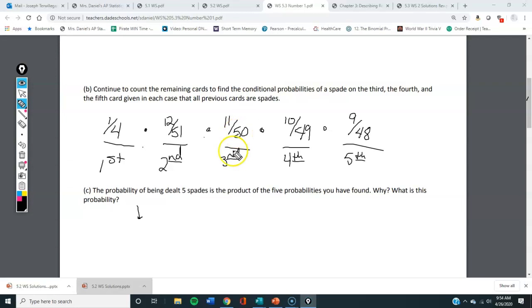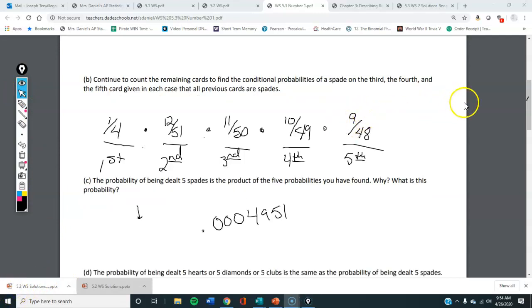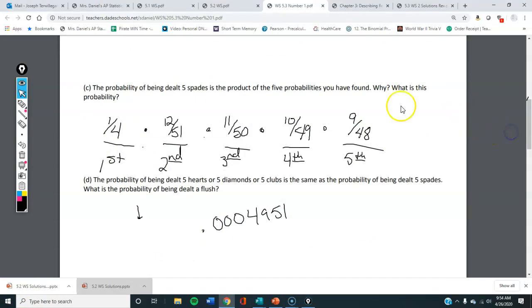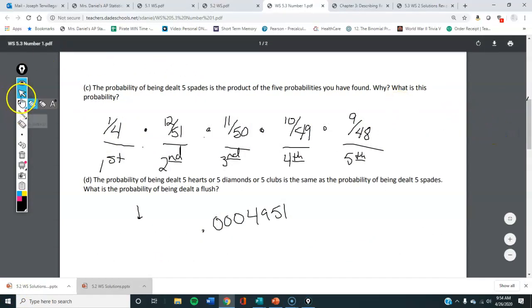And when I do that, I got 0.00044951. I'm going to leave that number there.